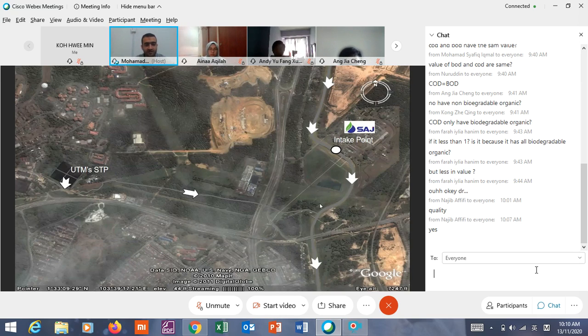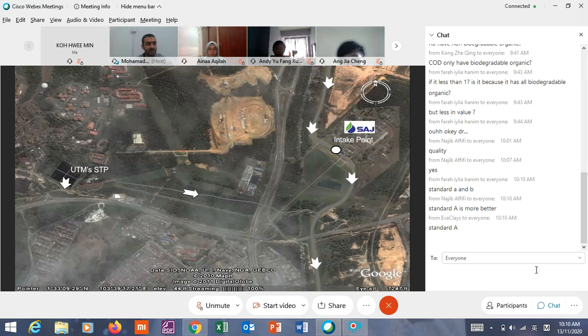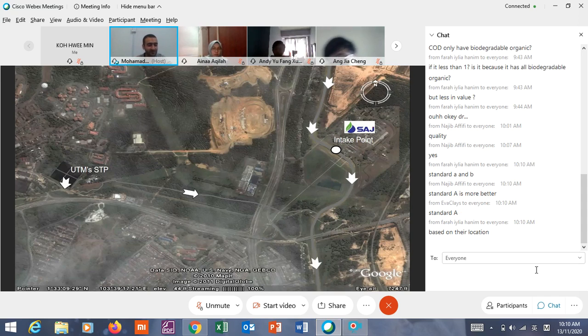Yes, we can follow both of them. But which one is preferred here? Standard A, based on the location. Standard A is better, but sometimes it costs a lot. When we want to achieve standard A, the cost is higher.